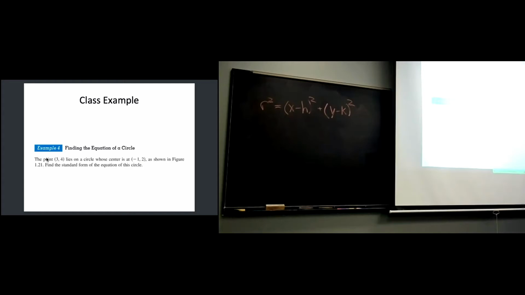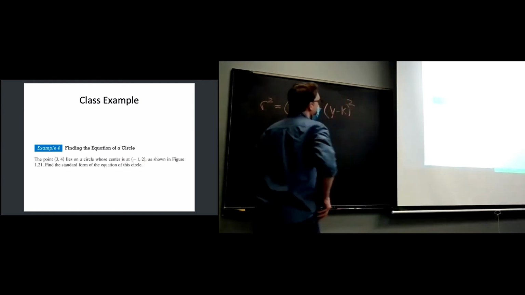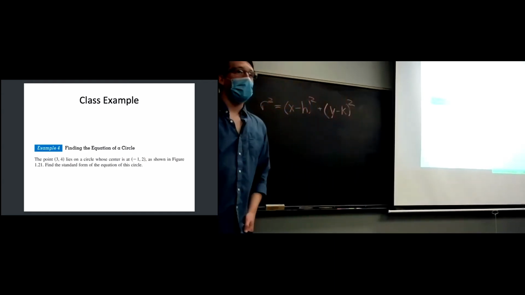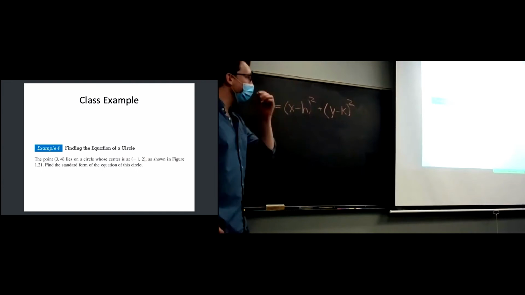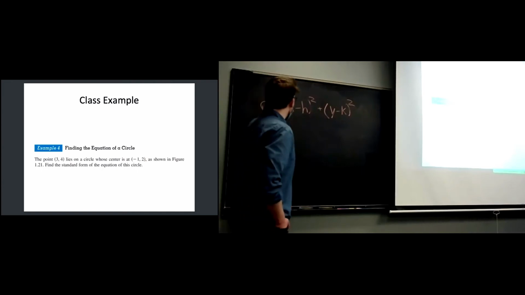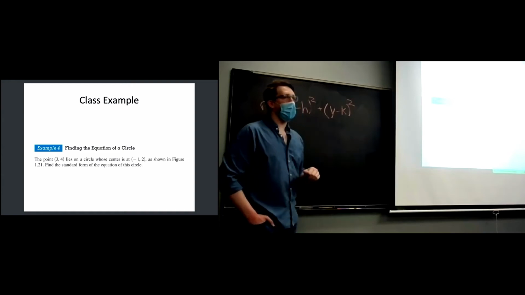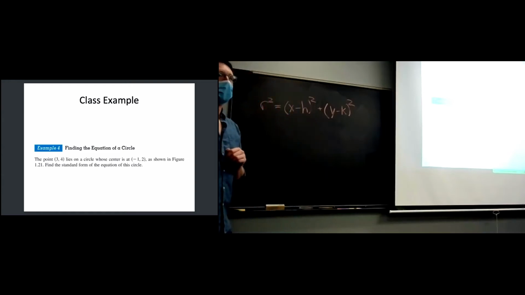So if we wanted to find the equation for a circle with a point at 3, 4 and a center at -1, 2, all we would do is come back to this equation, plug in 3, 4, plug in -1, 2, find out what r is, and then put x and y back in accordingly. Cool this idea?